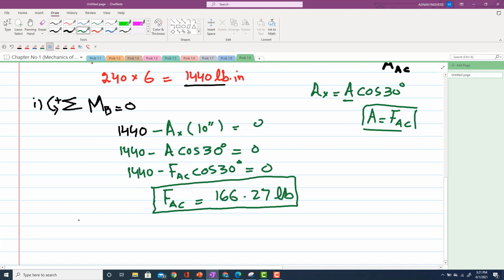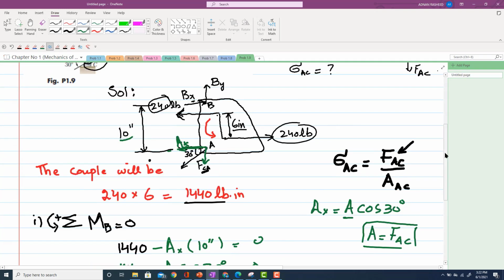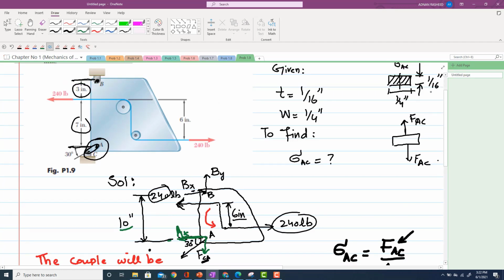Okay, now we need, as sigma AC is equal to FAC over area of this link AC. So this is what we have found, and we have now to calculate area. Now area of AC, link area, as from this figure you can see that the cross-sectional area, the thickness is 1 over 16 and the width is 1 over 4 inch.